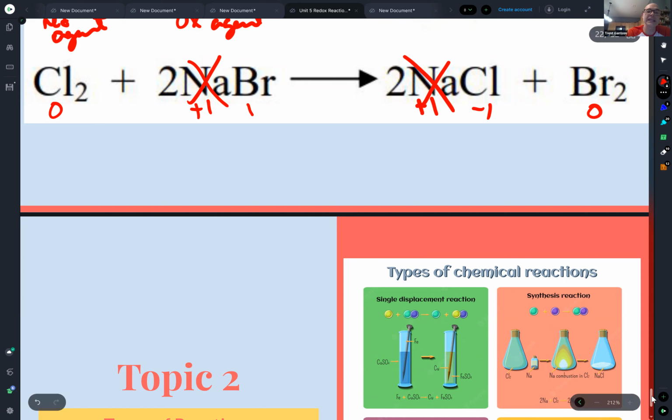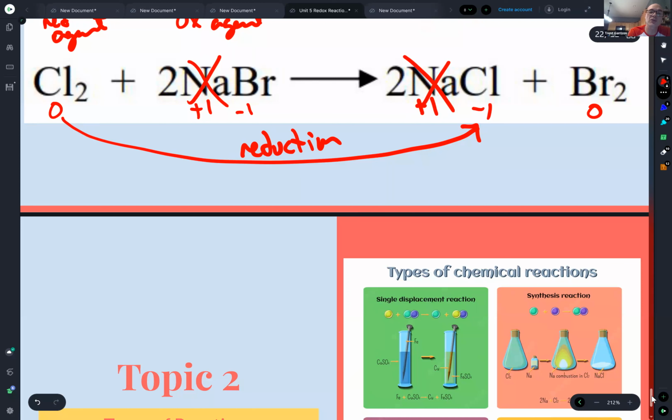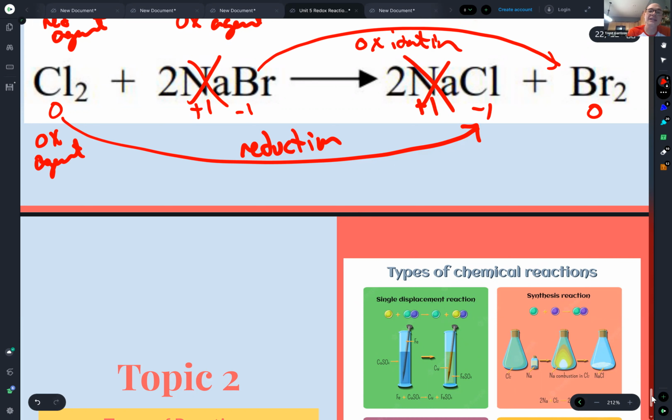The bromine begins with a -1. So to go from 0 to -1 means you're becoming more negative. That's a reduction. You've gained an electron, meaning this is your oxidizing agent. The bromine has gone from -1 to a more positive 0. That means it went through oxidation, and this is my reducing agent.